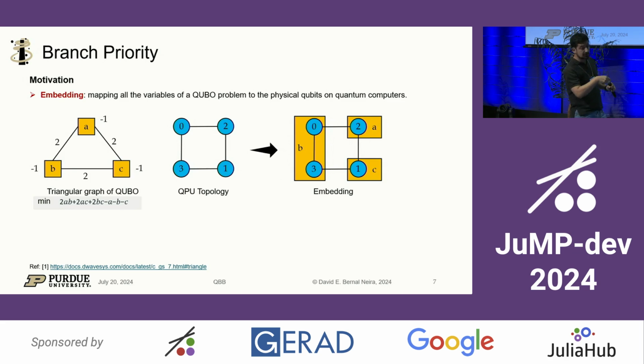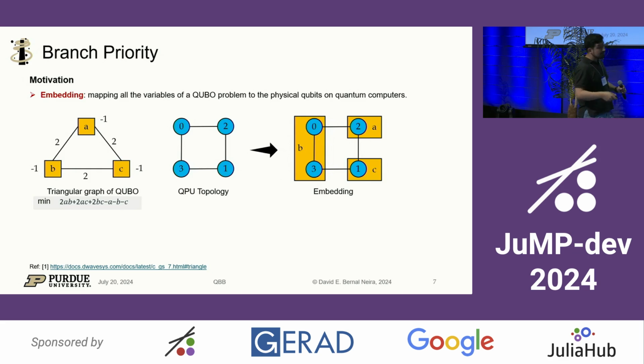Your problem looks like a triangle, your computers look like a square, so you basically need to use 2 of the qubits of your computer to represent a single variable in order to have all the connections that you have there. Well, this sets a big limitation into the quantum annealing hardware that exists out there. Although it has 5,000 qubits, the largest fully connected problem that it can solve is of size 164.